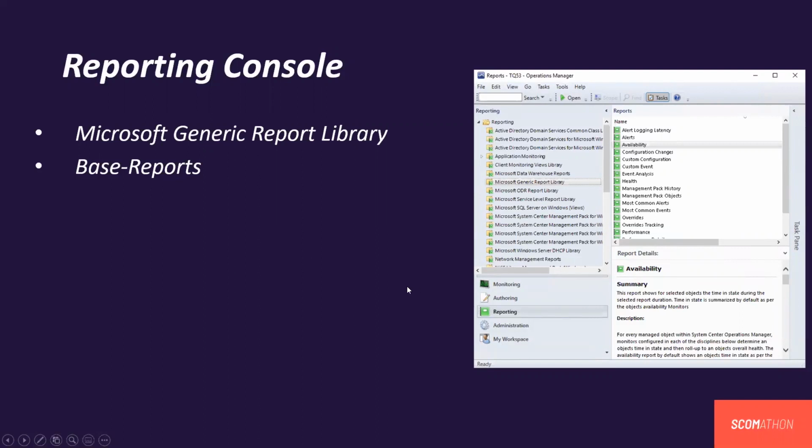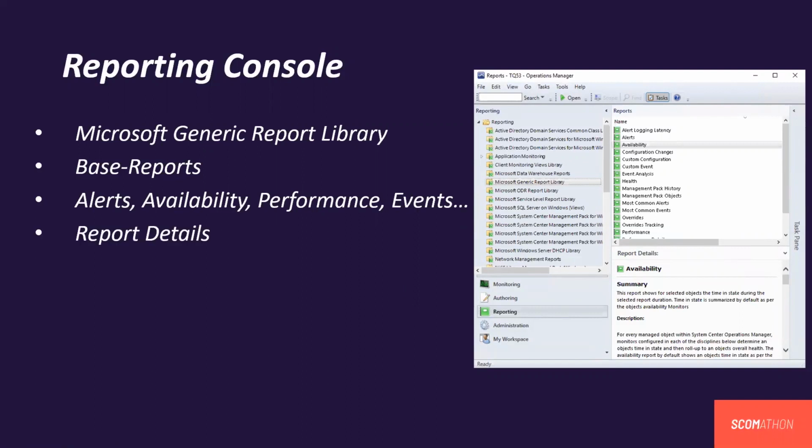Actually, we will talk about that in a second as well. So availability, alerts, performance, and events, those are, let's say, the main things that we are looking at generally. Keep your eye on the report details at the bottom, because it can actually contain a lot of extra information.